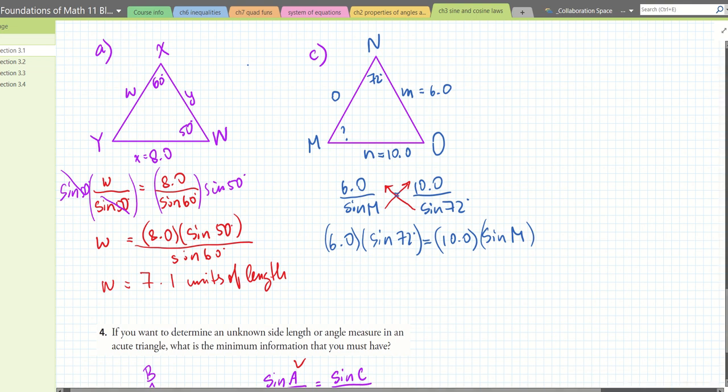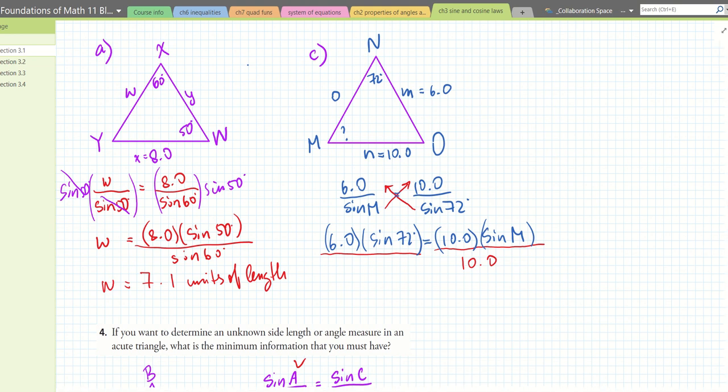Now we do want the sine M by itself, so we need to get rid of the 10. As you can see here, that's why you sometimes want to pick what you want to use. Do you want to use the case where you have the sine of the angle on the top, or do you want to use the length on the top? That's why the formula for sine law is expressed in 2 ways, because you get to pick what you are trying to find.